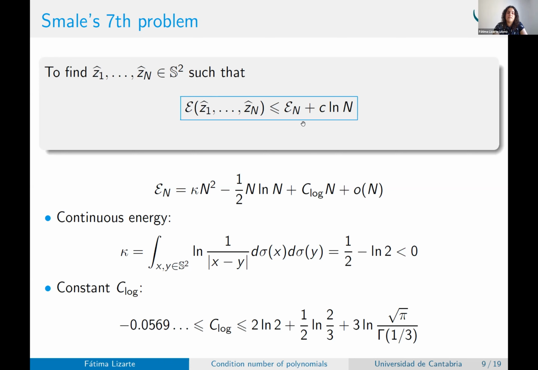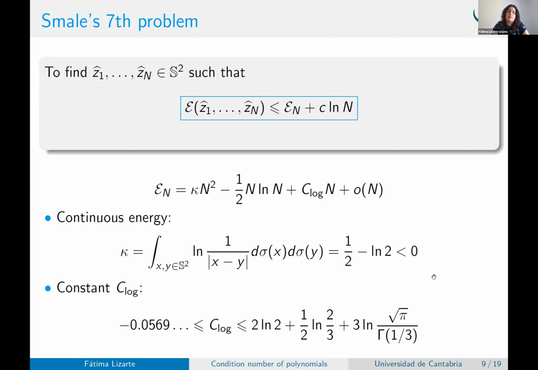In fact, this value is not fully known. The current knowledge about the minimal logarithmic energy on the sphere is this asymptotic expression, where kappa is the continuous energy on the sphere, defined like that. This sigma is the normalized uniform measure, and C log is a constant with this bound. In fact, the upper bound has been conjectured to be an equality.